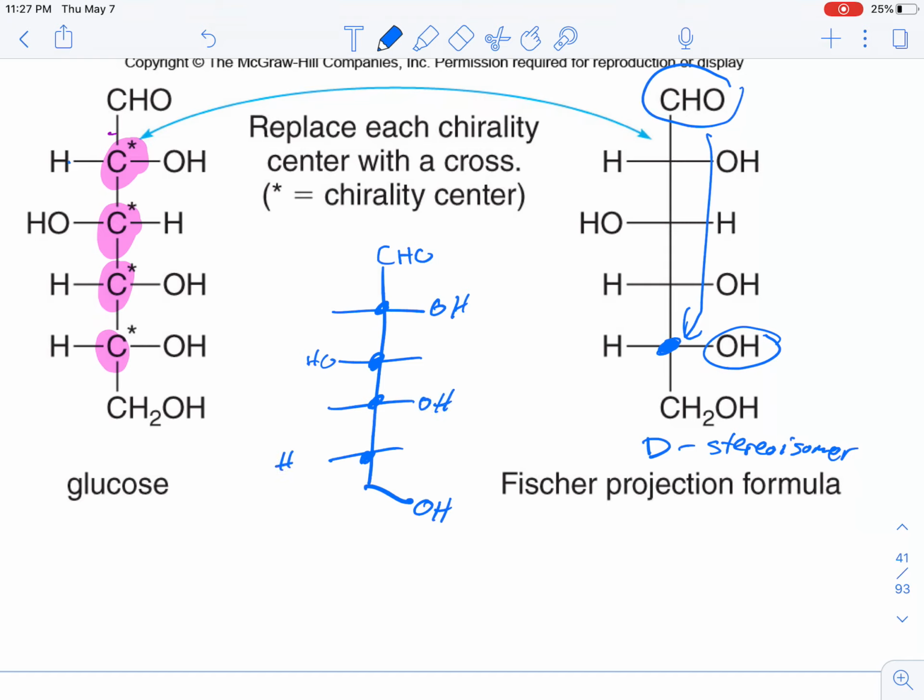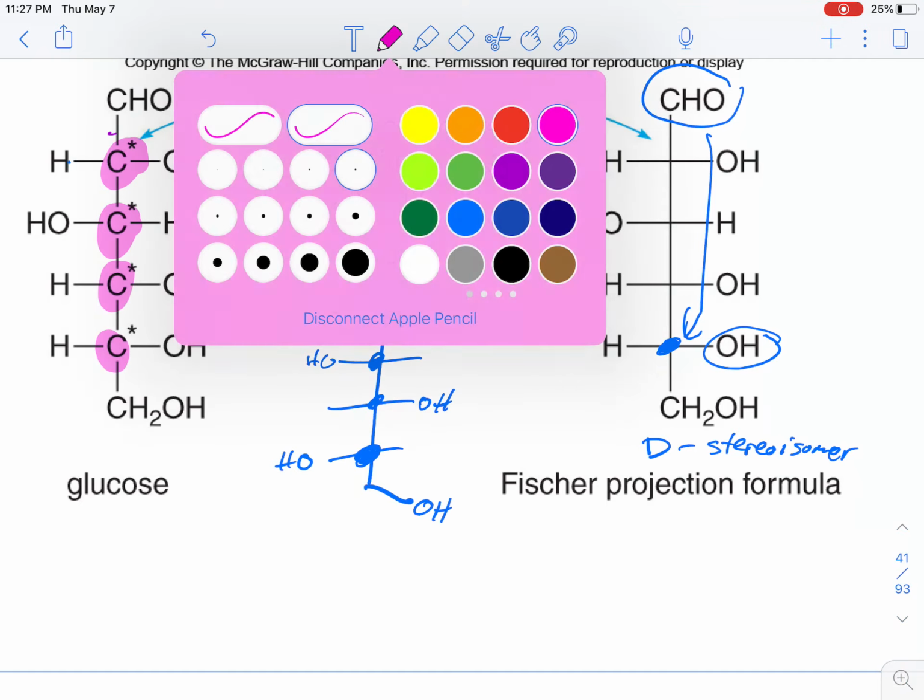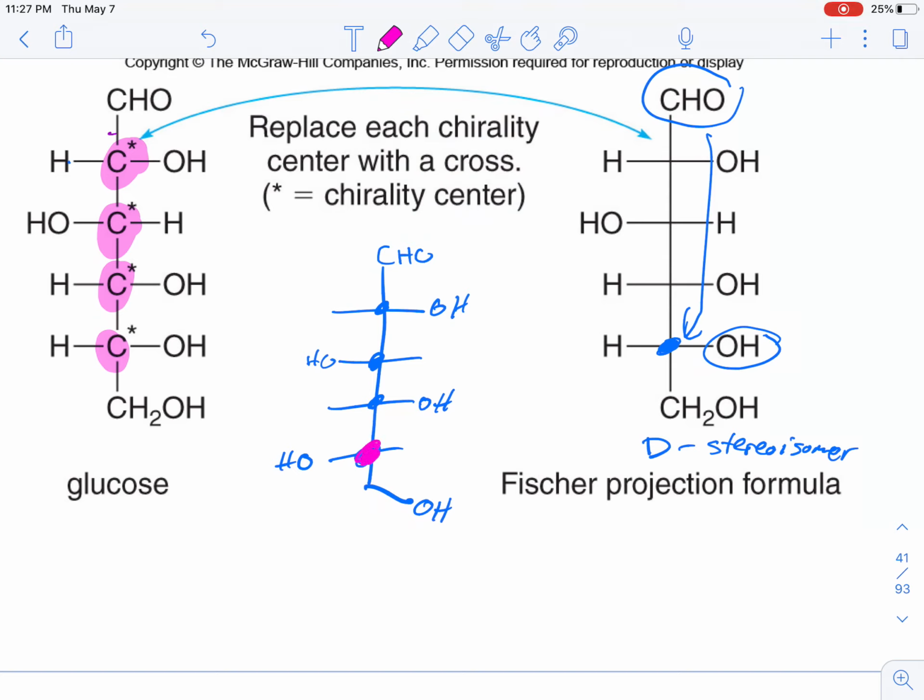And so he basically said that the last chiral carbon, which I'm going to go ahead and mark in pink, that's furthest from the aldehyde or the ketone, if the hydroxyl group is on the left-hand side, then this is going to be the L stereoisomer.